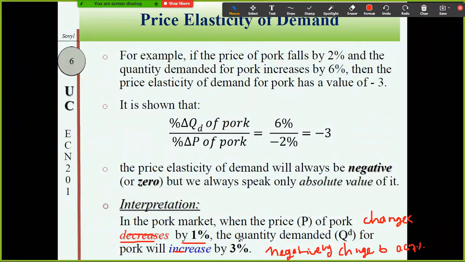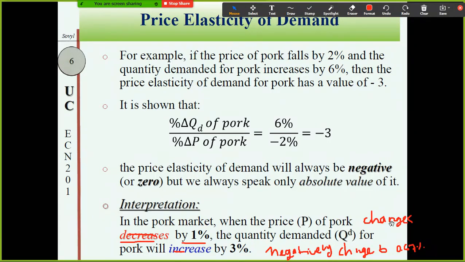You can ask why in this example we don't say negatively change. Yes, we don't say negatively change because this example tells you exactly fall and increase. Because the negative sign that I mentioned in the previous video will go to these words. But in this case, I don't know which change. That's why negatively change. Negatively change means change the opposite from the previous one.